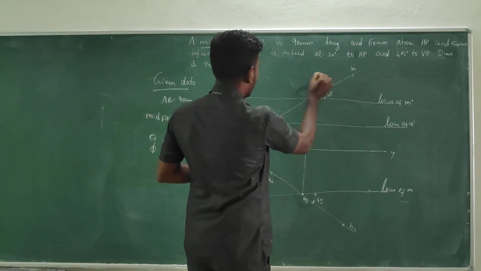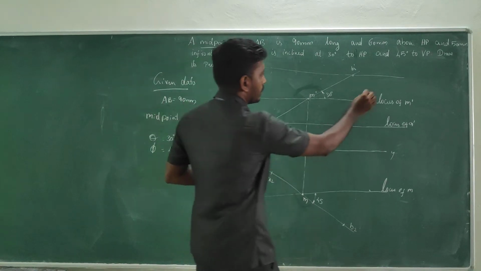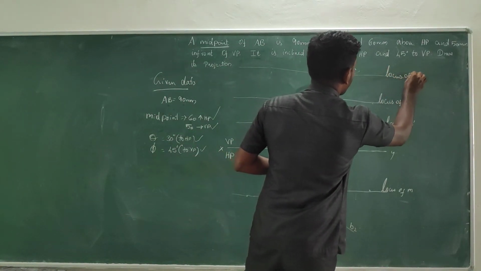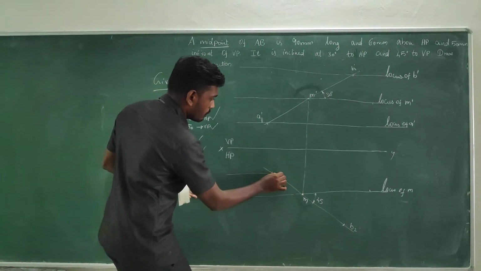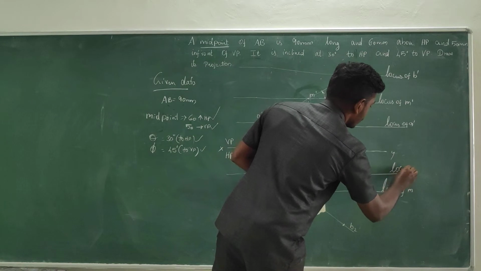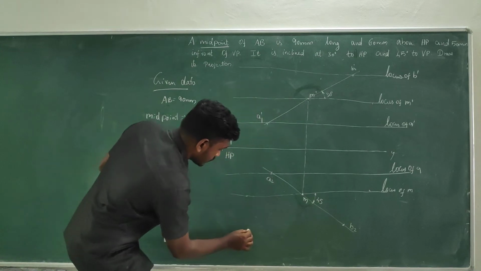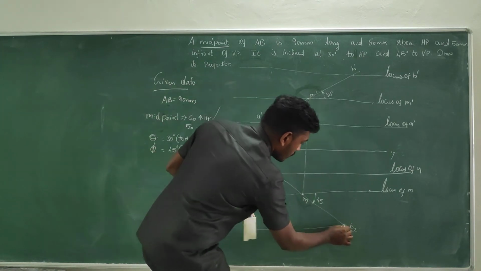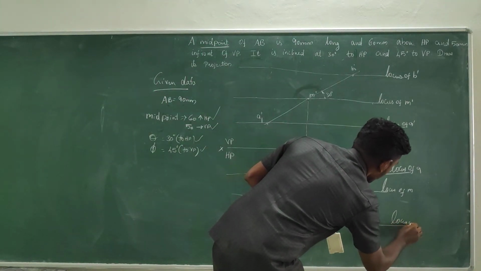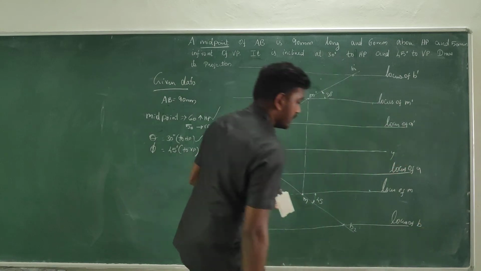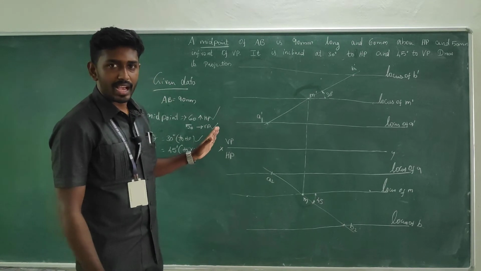If you draw a horizontal line passing through the point B1 dash, it becomes the locus of B dash. If you draw a line passing through A2, it's the locus of A. If you draw a horizontal line passing through B2, it becomes the locus of B. All the 6 locus we have, right?